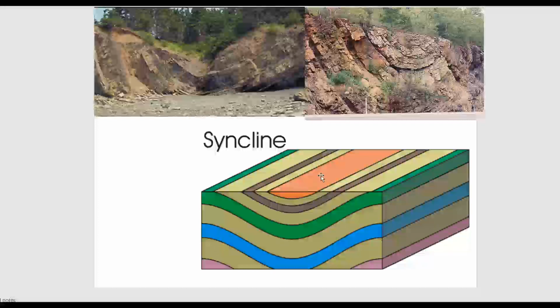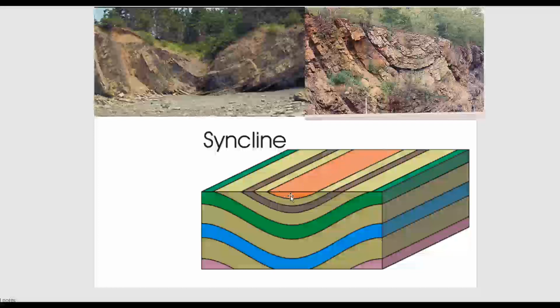And again, because this is a non-plunging syncline, our sedimentary rock layers on the limbs of the syncline appear on our geologic map, or would appear on the Earth's surface, cropping out in parallel bands on either side of the fold axis, with this rock layer exposed along the fold axis there.